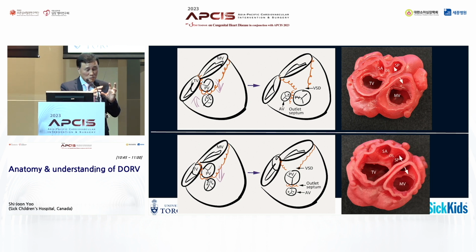You can have a little bit of combined feature too, because in congenital heart disease, anything happens, right? But here is interesting. If you have this mechanism, great arterial trunks will be parallel, right? Side by side. And then, if it is this mechanism, it is more maintaining the usual great arterial relationship of DTGA, complete TGA, or transposition, okay? So that is a little bit different.